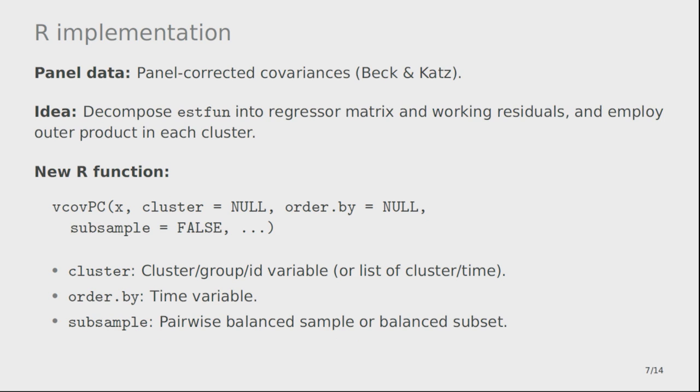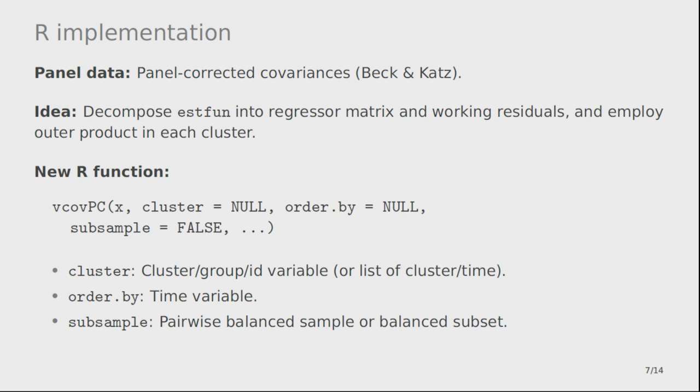Last but not least, for panel corrected covariances a la Beck and Katz, are implemented in function vcovPC. Here we need again our decomposition of estimating functions into working residuals and regressor matrix, and then the idea simply is to aggregate the working residuals within each cluster, employ the outer product, along with some further modifications.